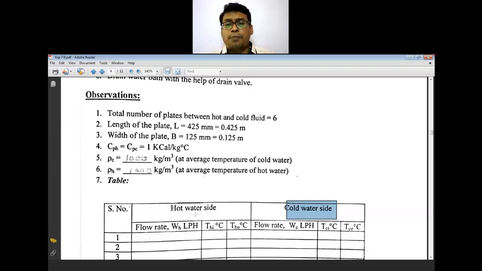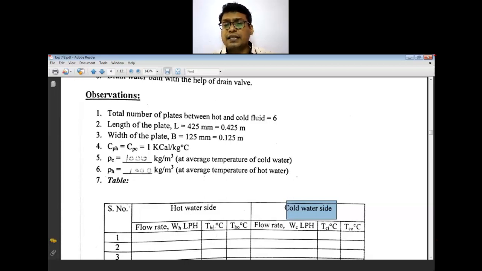From the pump and through the rotameter, I am going to adjust the hot water side flow rate, say 120 liters per hour. I have adjusted the temperature of the bath to, say, 60 degrees Celsius.